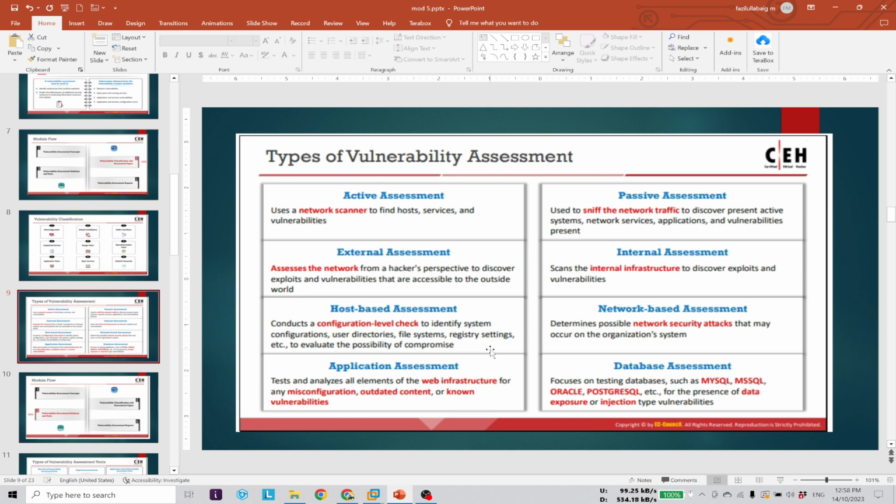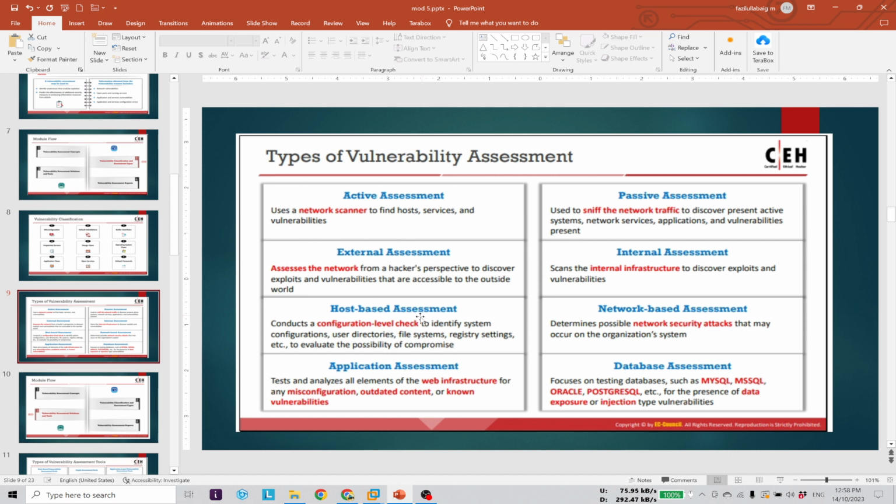Here, host based means the operating system, and how we can check misconfigurations: user directories, file system, registry settings, and many other things.